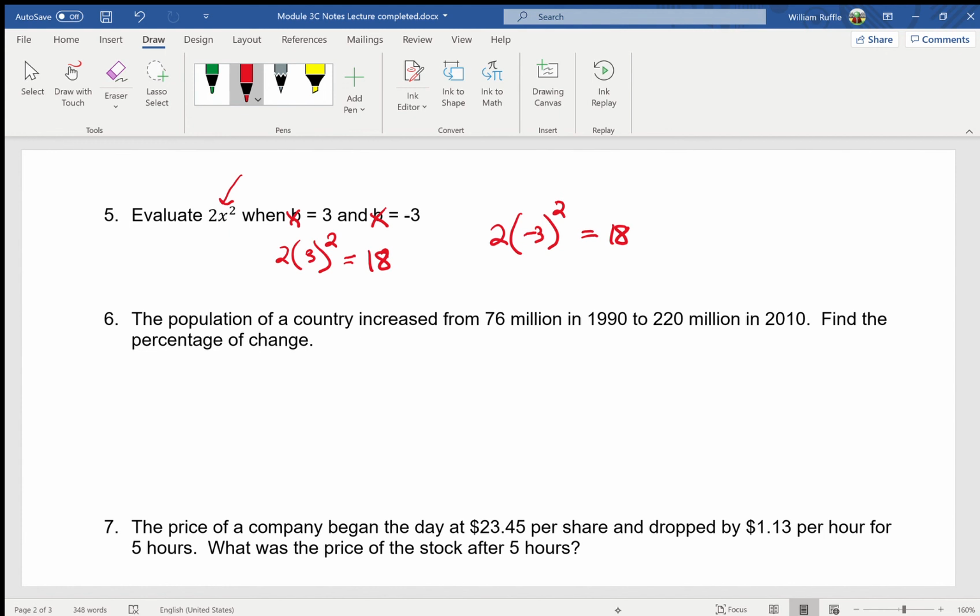Number 6. Now this is a review of Unit 2. We're going to be doing percentages. They will throw these in occasionally. When I look at the percent change here, what I have to do, if you remember, is take the change divided by the original amount.